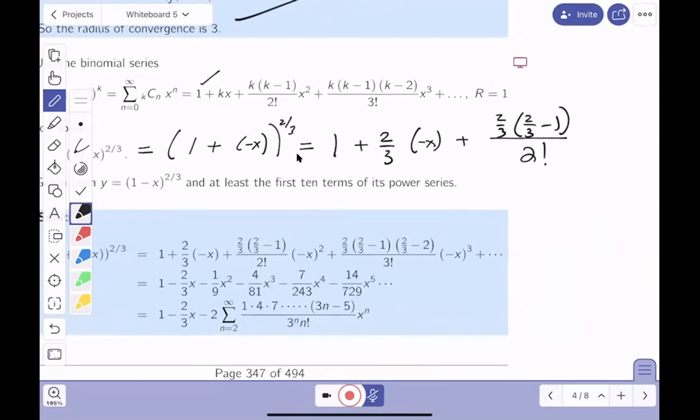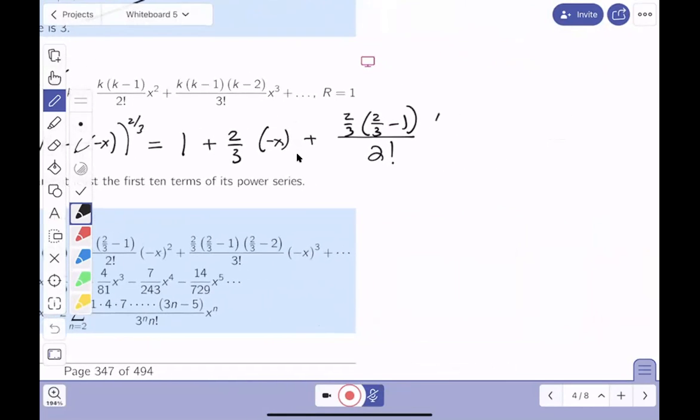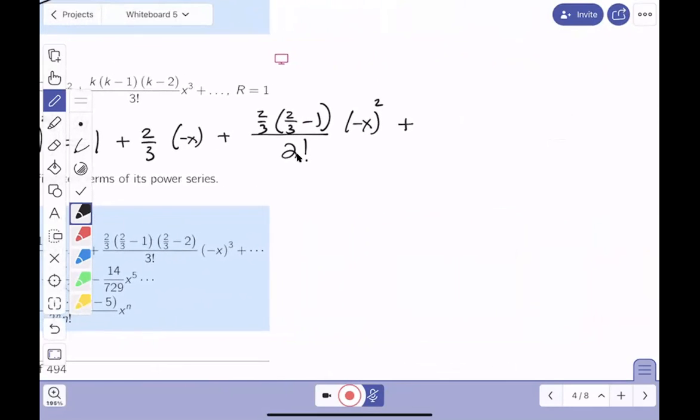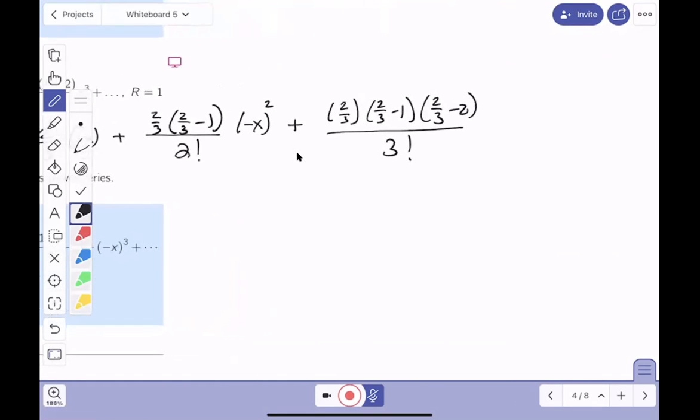I'm just writing things down. Then what do you get over here? Minus x squared plus, I'm on a roll. I'll keep going. 2/3, 2/3 minus 1, 2/3 minus 2 over 3 factorial. What goes there? Minus x cubed.